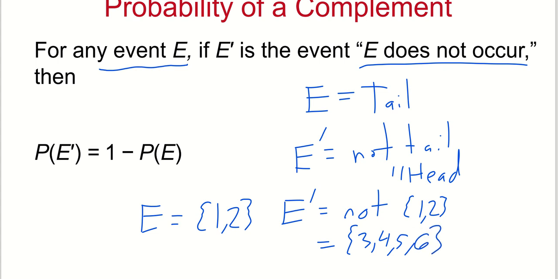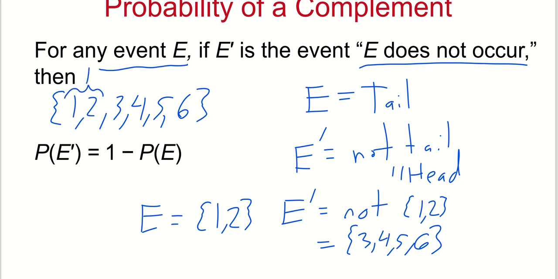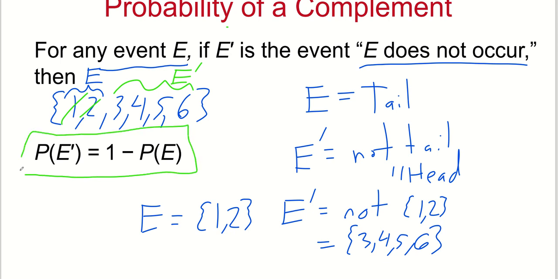An easy way to construct the complement, if you have a sample space, would be to do the following. If my event E consists of the outcomes 1 and 2, if you get rid of those two, then whatever is left over within the sample space is going to be your complement. And the relationship between the probability of the complement and the probability of the original event is that the probability of the complement of E is simply going to be 1 minus the probability of E.